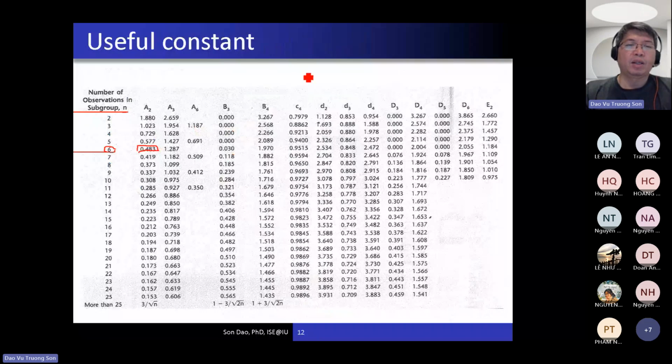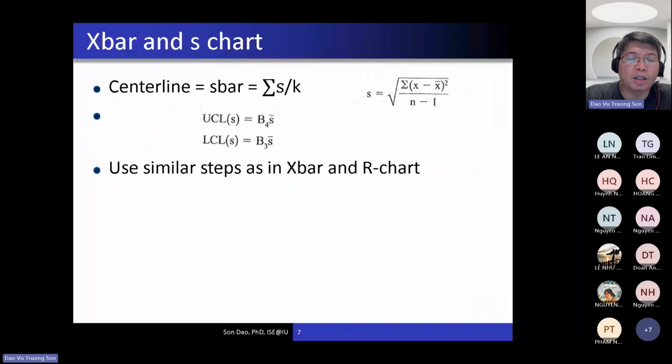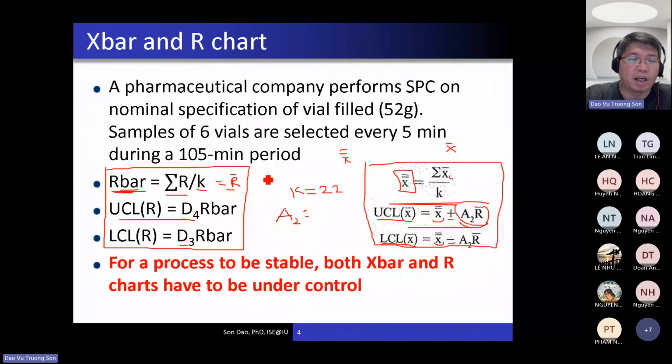The number of observations in each subgroup is 6, so D3 is 0 and D4 is 2.004. Use these two constants and replace them in the formula here, and we can get the upper and lower control limits for R. Then we construct the R chart.